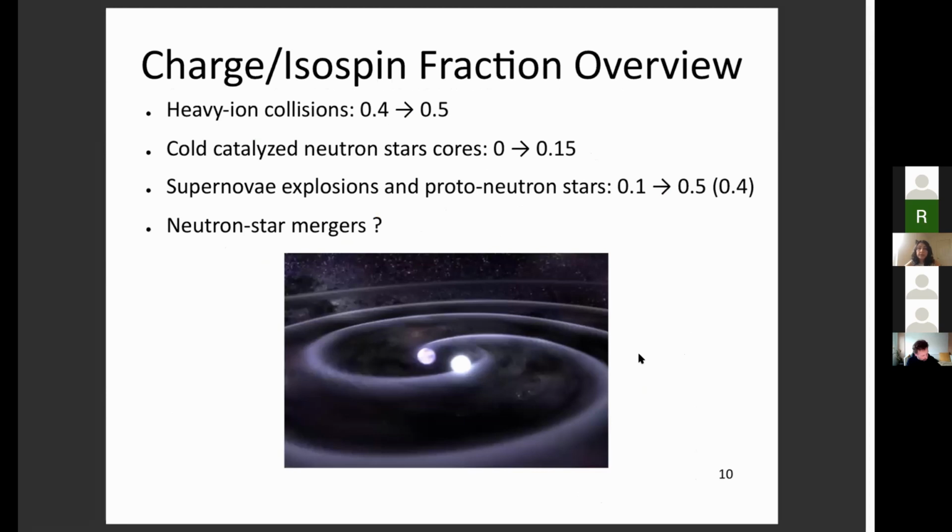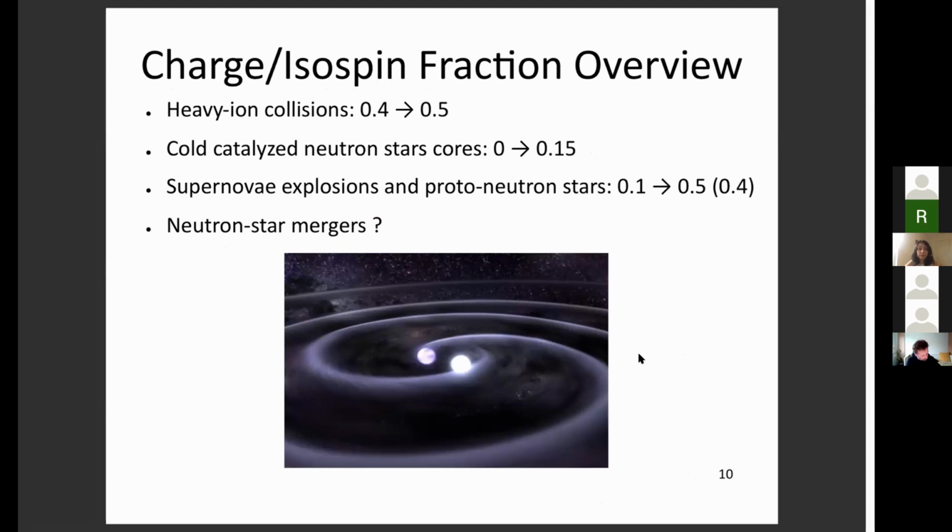So summarizing a little bit of what I talked about so far, heavy ion collisions have a very large charge fraction. If you're just counting, for example, gold and lead, this would be about 0.4. But the thing is, if your collision is too energetic, then the nuclei just pass by each other, and what will be formed behind is isospin symmetric.